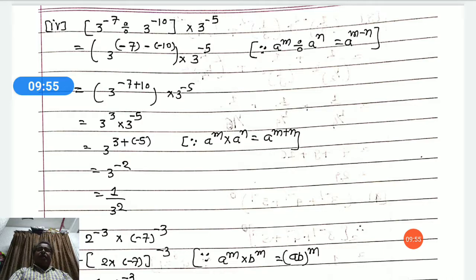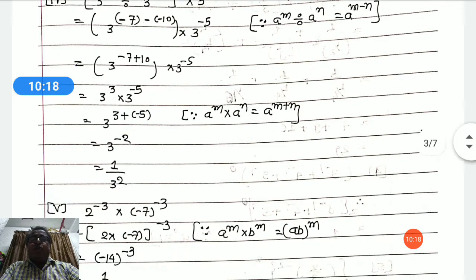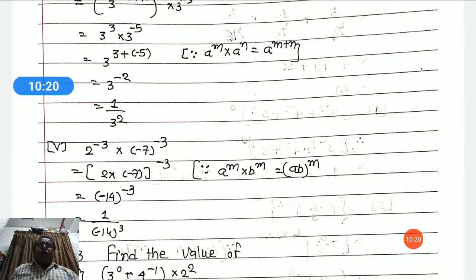Now we get 3^3 multiplied by 3^(-5). Again, the law of exponents, a^m into a^n is equal to a^(m+n), is used: 3^(3+(-5)). We get 3^(-2). Now it becomes plus in the denominator, so it is equal to 1 divided by 3^2.